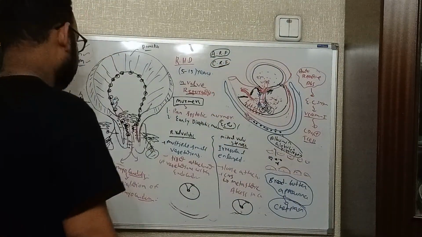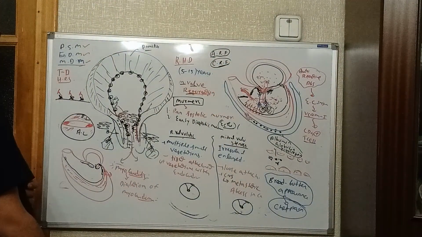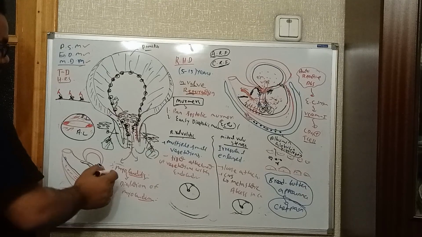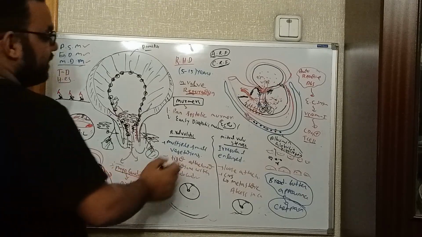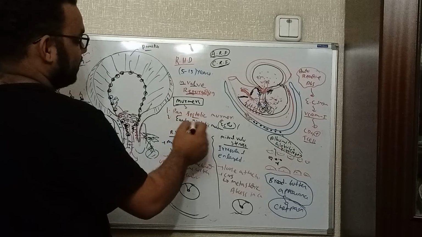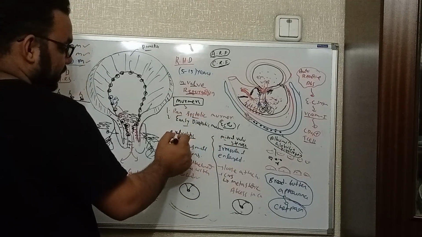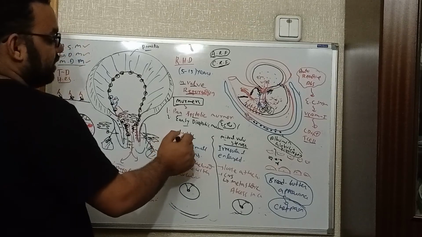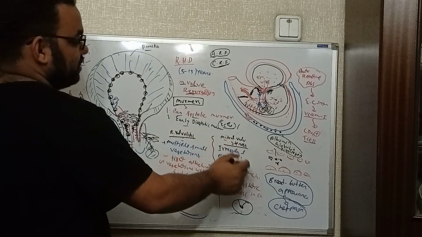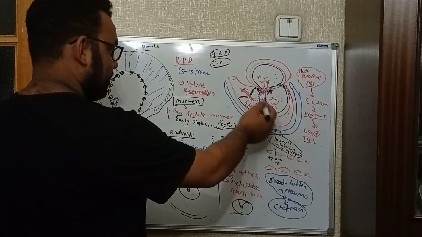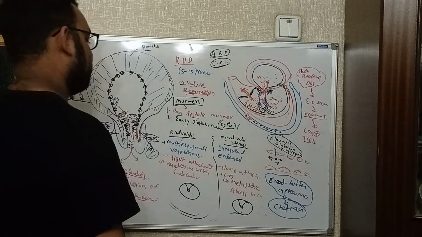I'll upload all these things in the subsequent parts of the video. Just try to understand here: in terms of myocarditis, in terms of endocarditis, what changes we are seeing, and the differentiation between rheumatic valvulitis, mitral valve stenosis, and what type of problem we see in pericarditis.